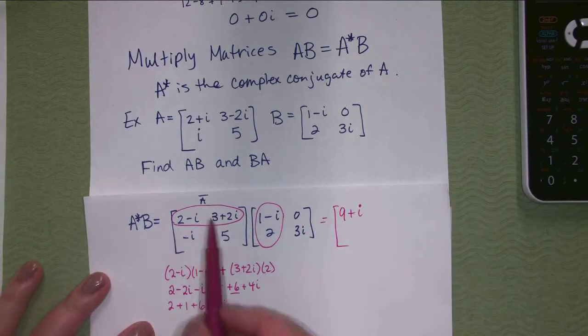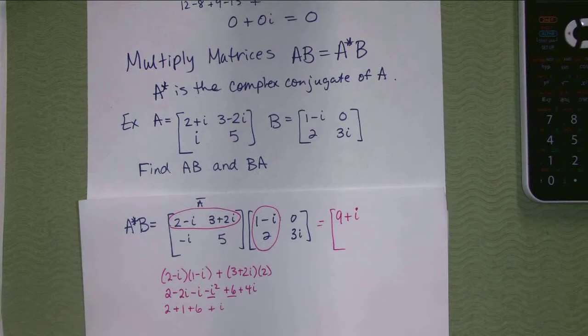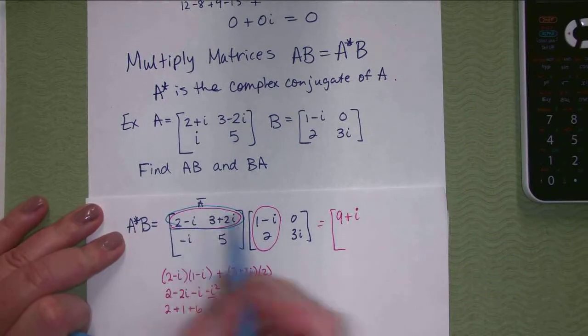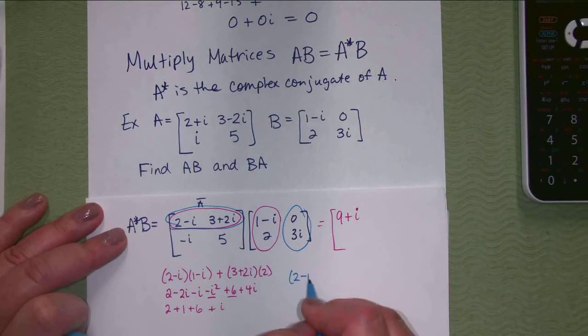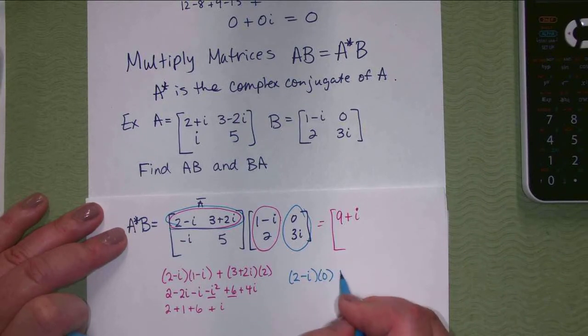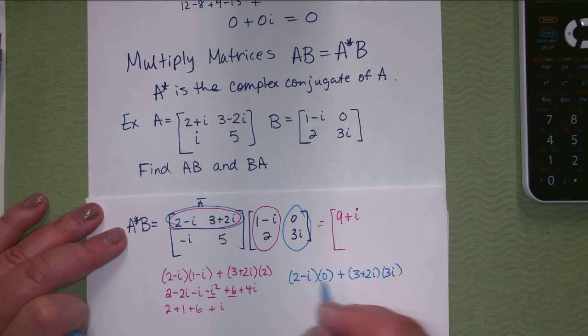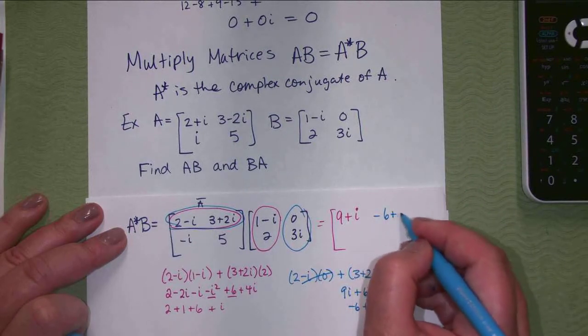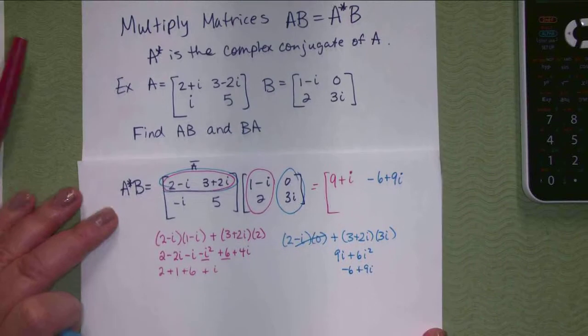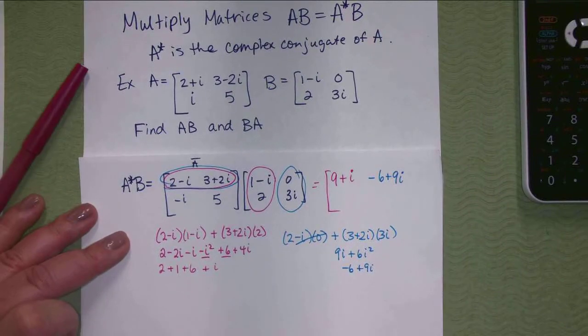And then you would do your next one. So stay with the top row and multiply by the second row. So 2 minus i times 0 plus 3 plus 2i times 3i. So this is 0. 9i plus 6i squared is minus 6 plus 9i. And so on.